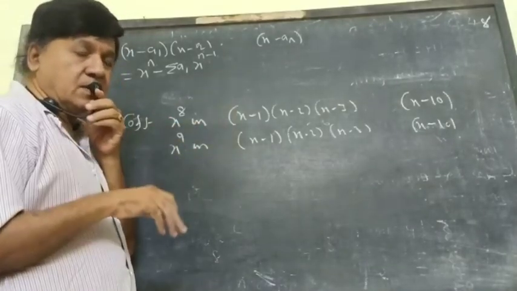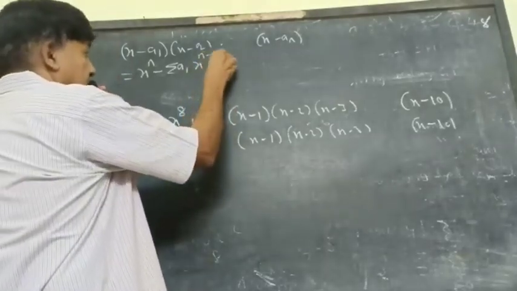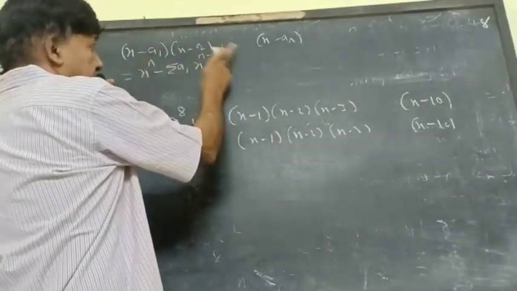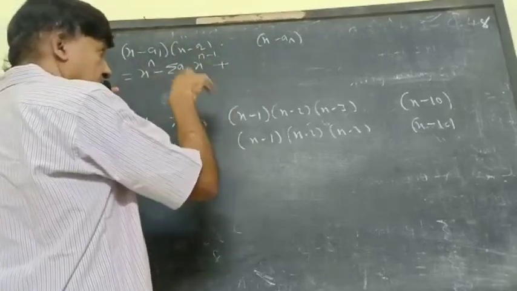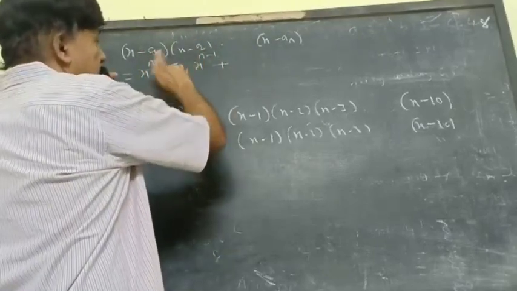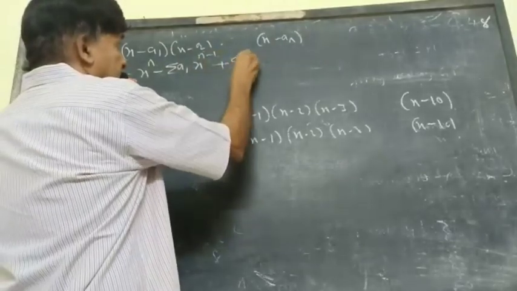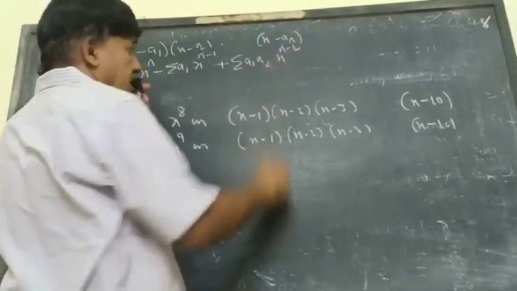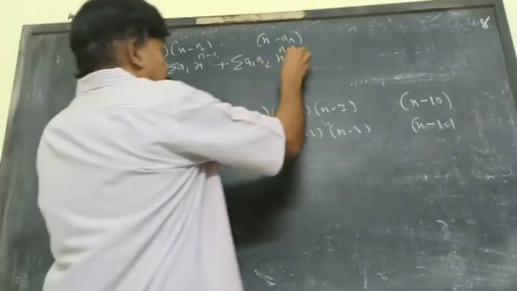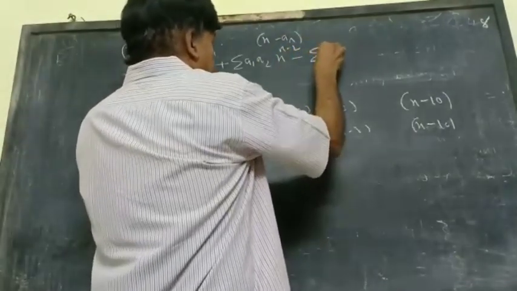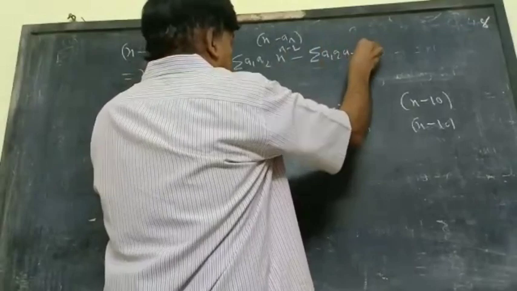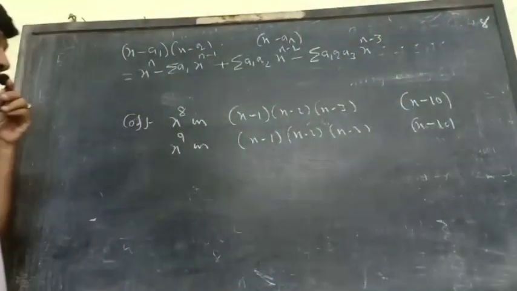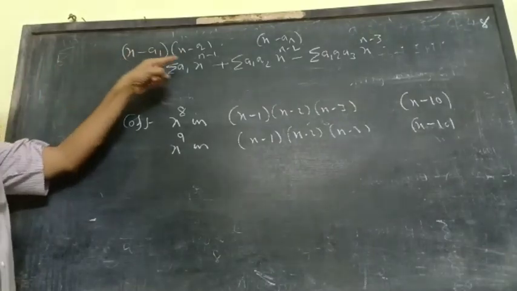Plus a1 a2, a1 a3, a1 a4, a1 an, plus a2 a3 like that, sum of the products taken two at a time into x power n minus 2. Then next minus sigma a1 a2 a3 into x power n minus 3, etc. like this you will get. So you should first recall this point.